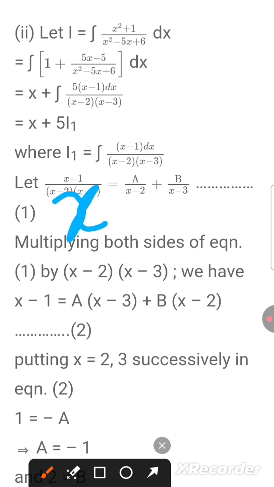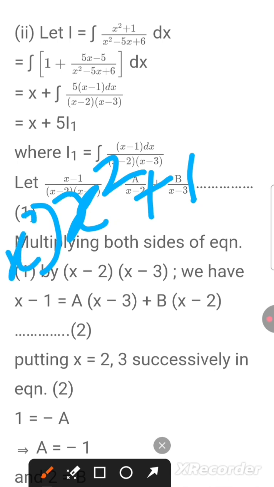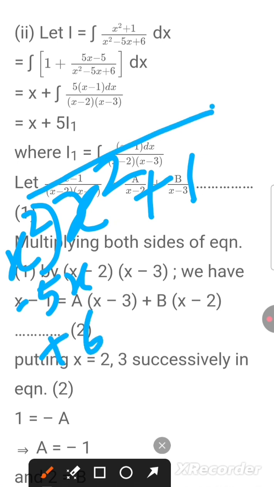So practically we have to divide x square plus 1 by the denominator x square minus 5x plus 6. If you divide by this, it will be 1 times x square minus 5x plus 6.